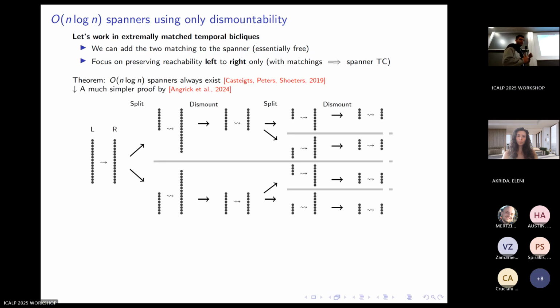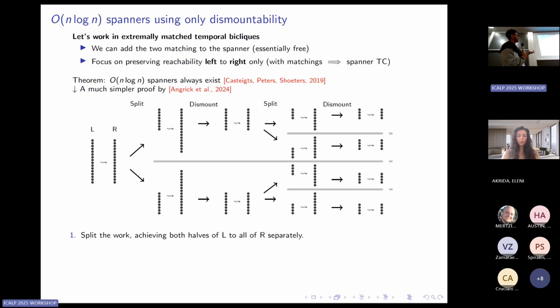And Peter Schulte proved that a spanner of size big O of n log n always exists, and Casteigts et al. gave a much simpler proof for it. The proof is basically that we split the work of the left.